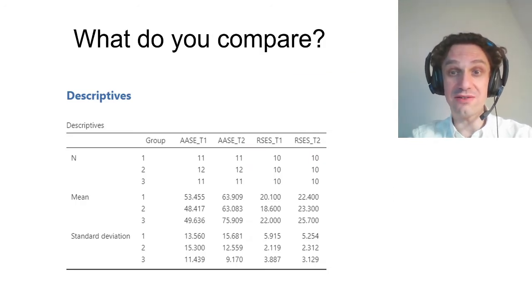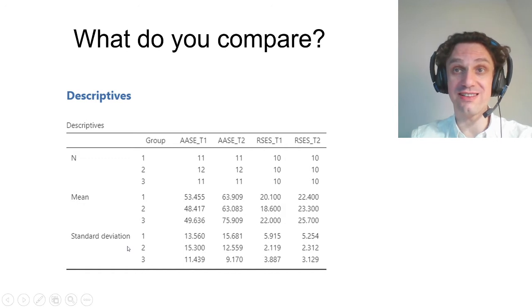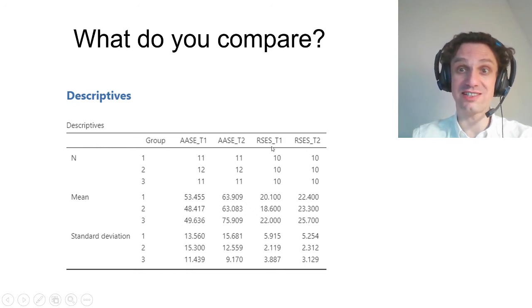So the data for this study looked pretty much like this. Alcohol abstinence self-efficacy, time 1 before, time 2 after, and Rosenberg self-esteem scale, time 1 before, time 2 after. As you can see, the number of observations is very small.